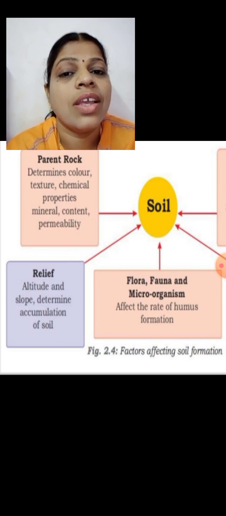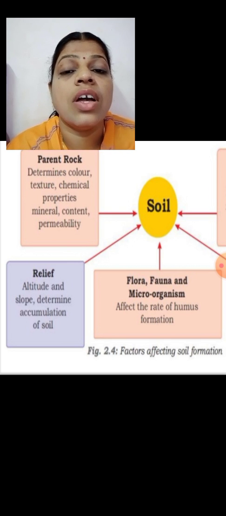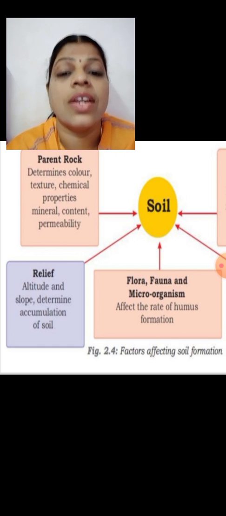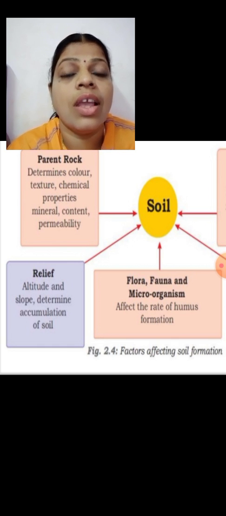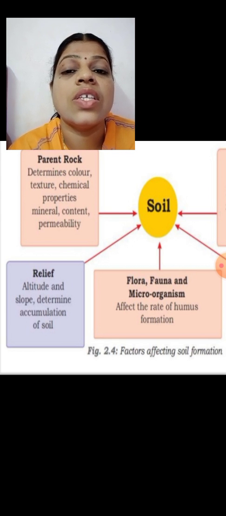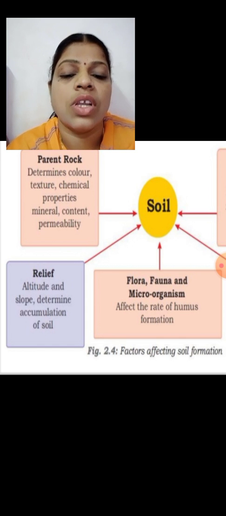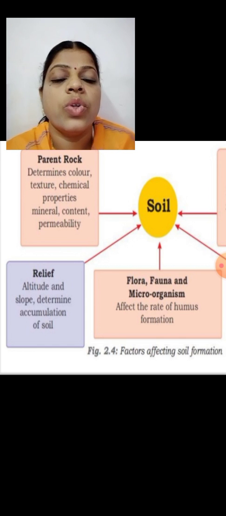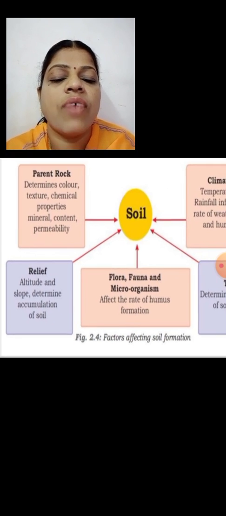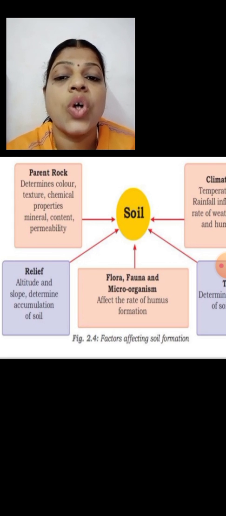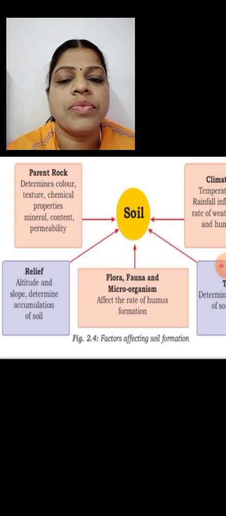What are they? Yes, bacteria, fungi, protozoa, algae. So various microorganisms are there in the soil which increase the fertility of the soil. So these are the various factors which affect the soil formation.